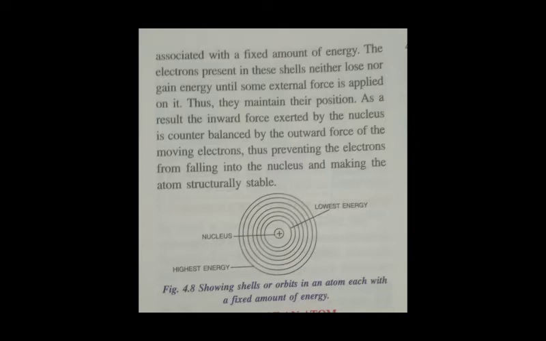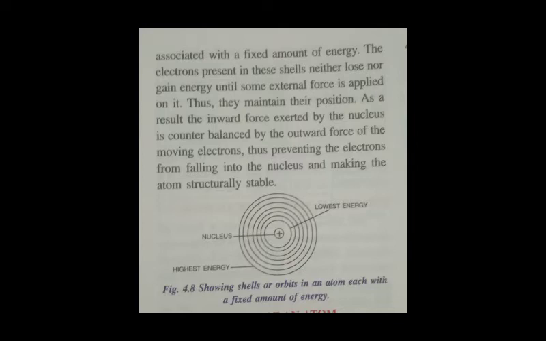Neutron was discovered by James Chadwick. And within the atom, there are now three different types of particles smaller than the atom itself. They are electron, proton, and neutron, and are together called the fundamental particles or subatomic particles.